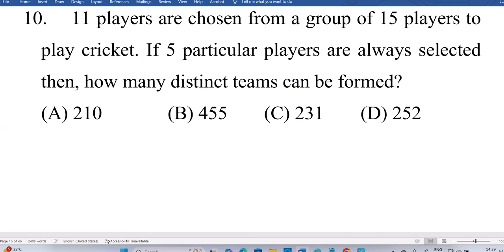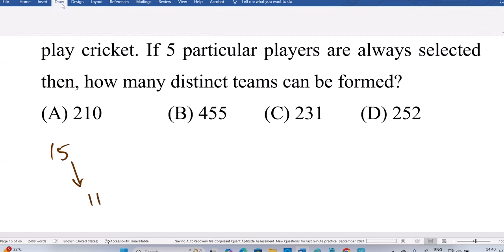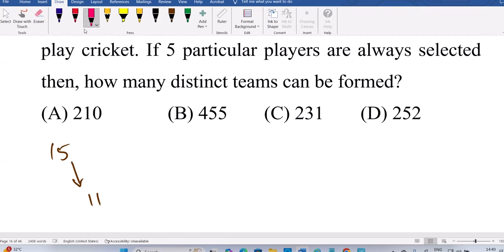Yes. What's the answer? Your job: out of 15 players, you need to select 11. But what they said is 5 are already fixed. Okay, so you can give the list like Rohit, Virat, Rahul, somebody, 5 people are already fixed, right?